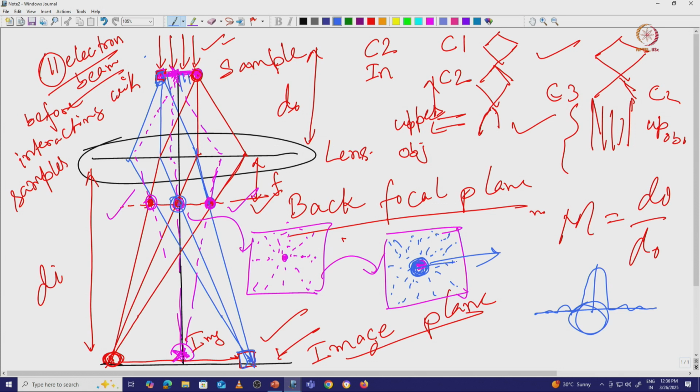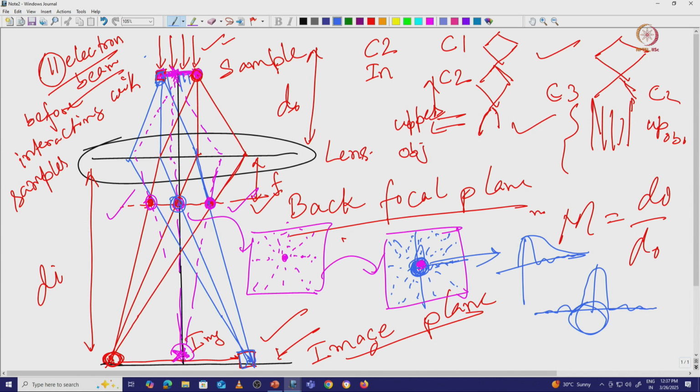So if I try to draw a curve here, we will always see this will be the maximum and then gradually it will go down. Why is it gradually going down? We will discuss these things at a later stage when we talk about data processing.